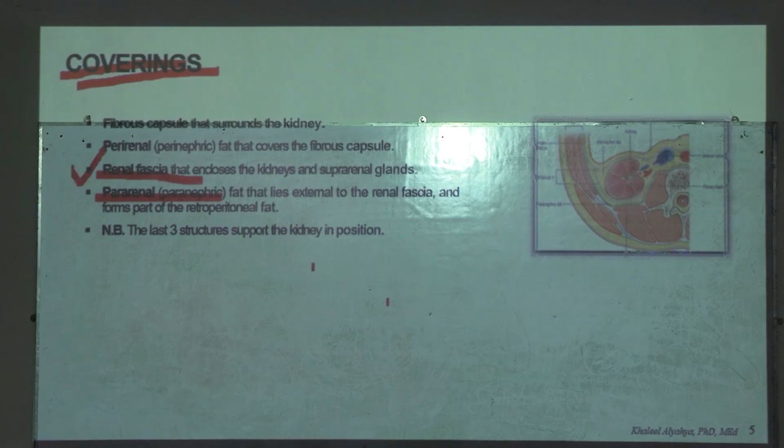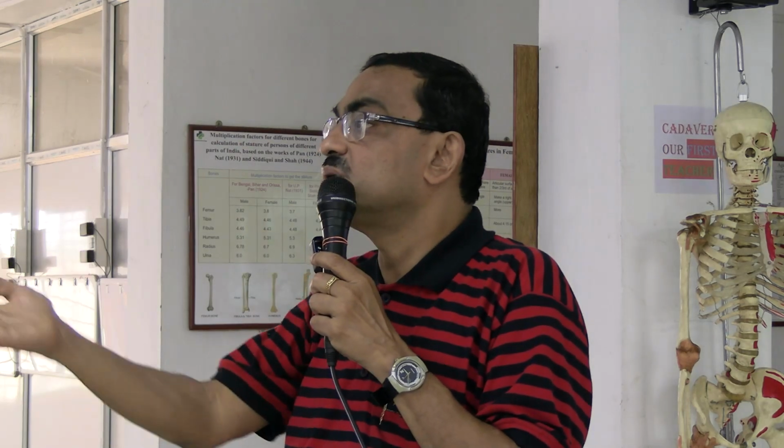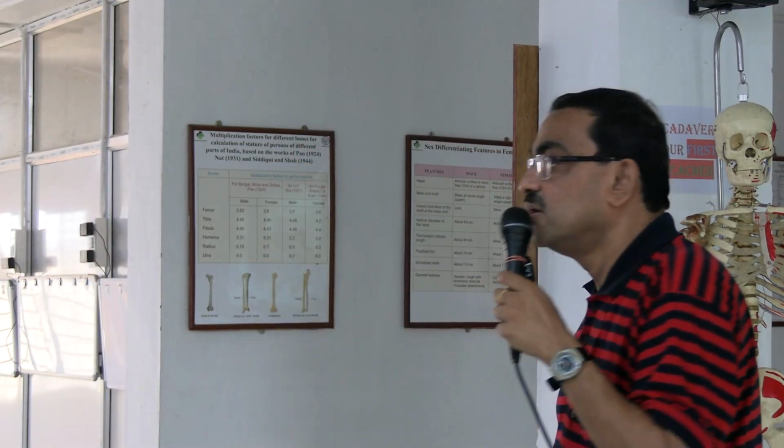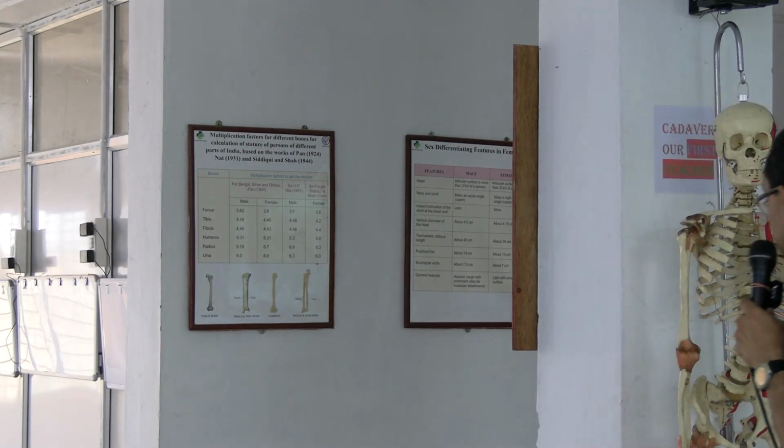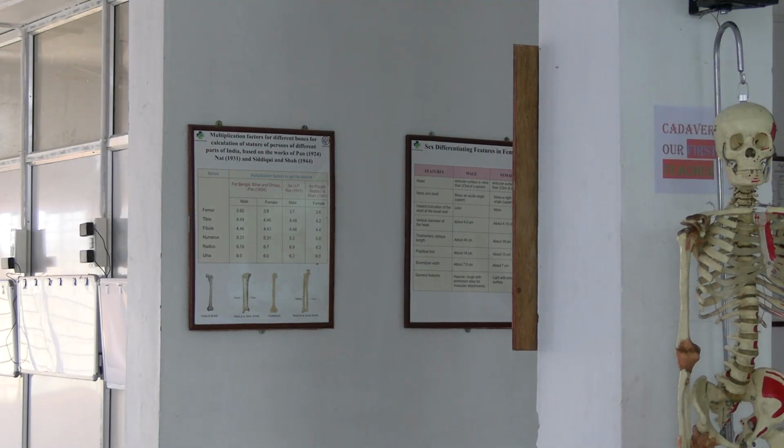And most outside there is another layer which is called paranephric fat. From inside outside, most inside is renal capsule, then we will get perinephric fat, then more outwards we will get another layer which is called renal fascia, and most outside we will get again a fatty layer which acts as a packing material for the kidney, so that the kidney cannot move here and there.